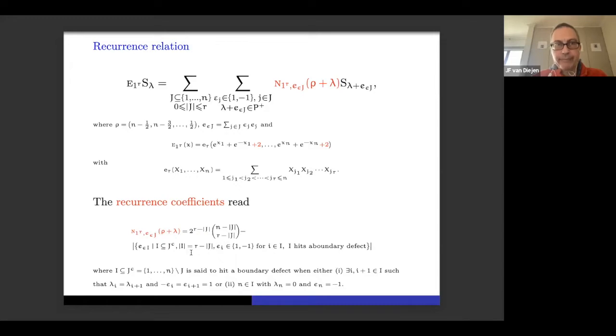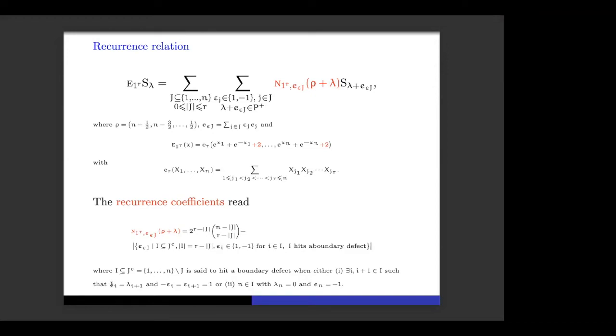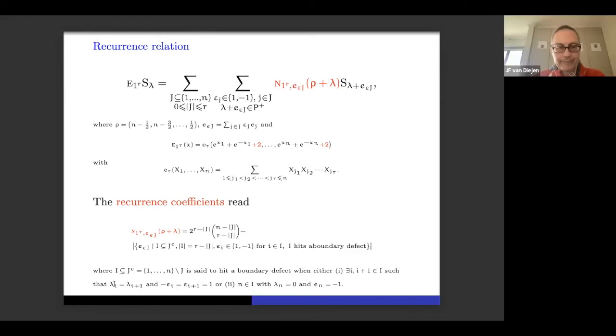So in type B, it becomes this. Basically, you have to check if two parts in your partition are the same, and then if you would add something in the orbit of the fundamental weight, then it detects when you get out of the dominant cone or not.